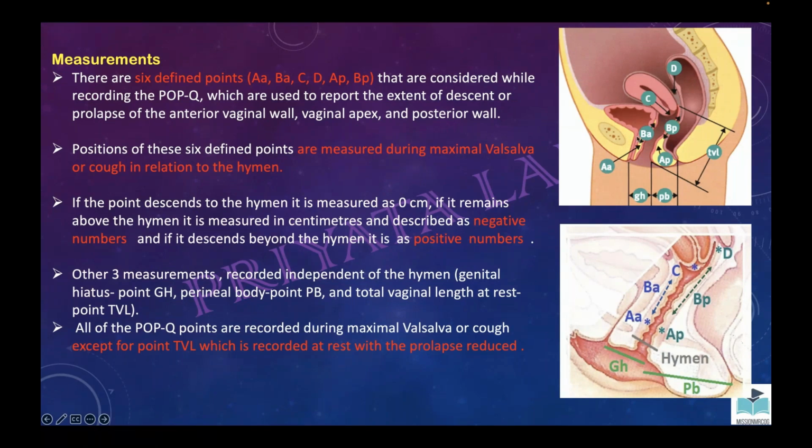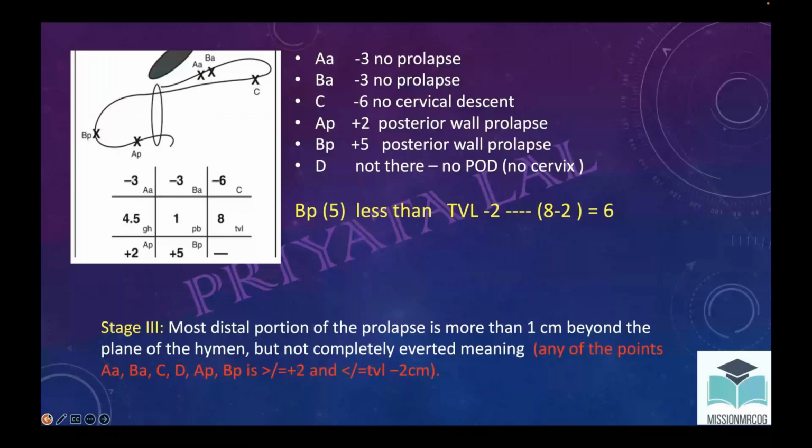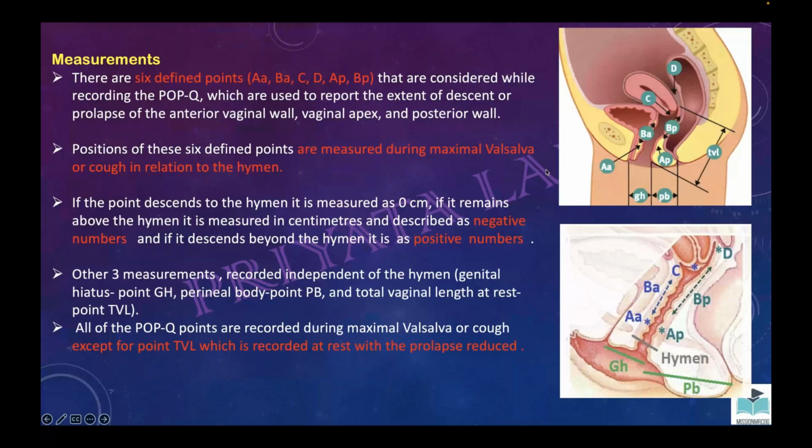Let me tell you first, what is the anterior A point? This will be the point on the anterior vaginal wall, 3 centimeter proximal to the hymen.